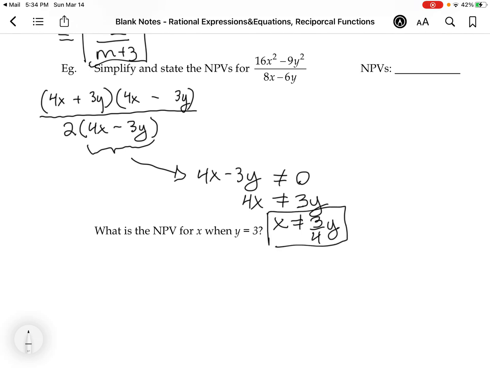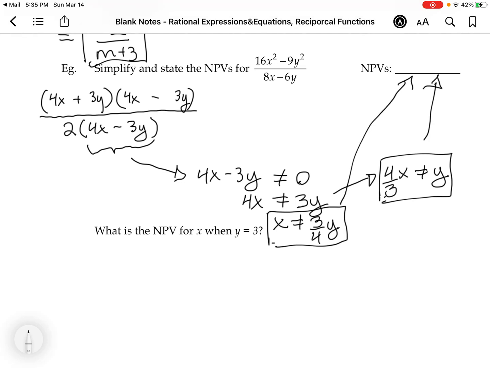That's one of them if we isolate for x. If I take the same thing and isolate for y, then I'd have to divide both sides by 3. So I'd have 4 over 3 x does not equal y. That's my other one. Those are my two non-permissibles. So y does not equal 4 over 3 x, and x does not equal 3 over 4 y.